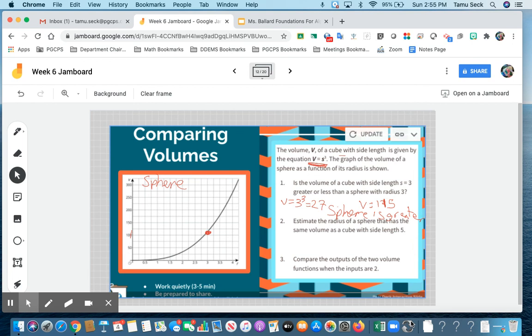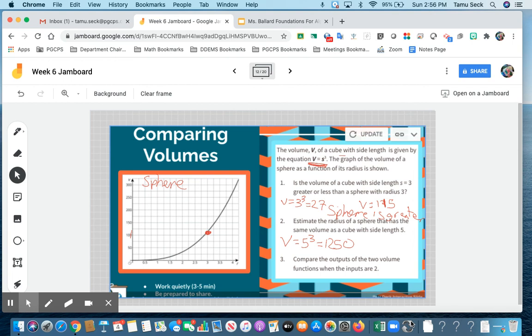Estimate the radius of a sphere that has the same volume as a cube with the side length 5. So the volume of a cube with the side length 5 would be 5 cubed, which is 125. Estimate the radius of the sphere that has the same volume.